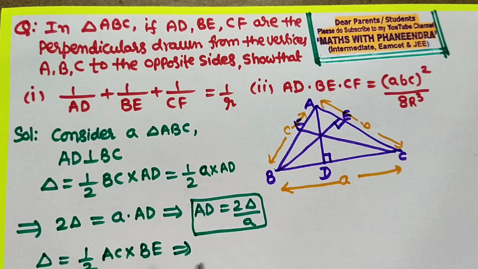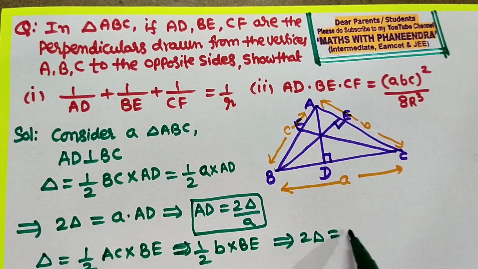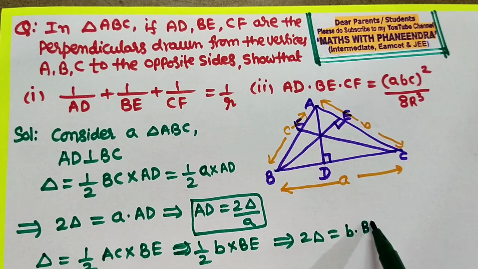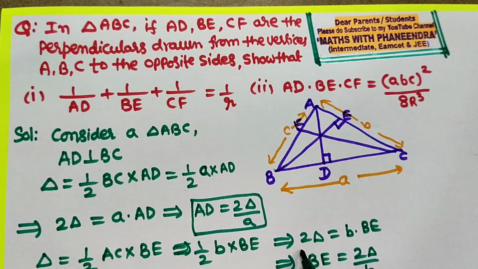That is equal to half into AC, means small b into BE. So 2 delta equals b into capital BE, so capital BE is equal to 2 delta by small b.